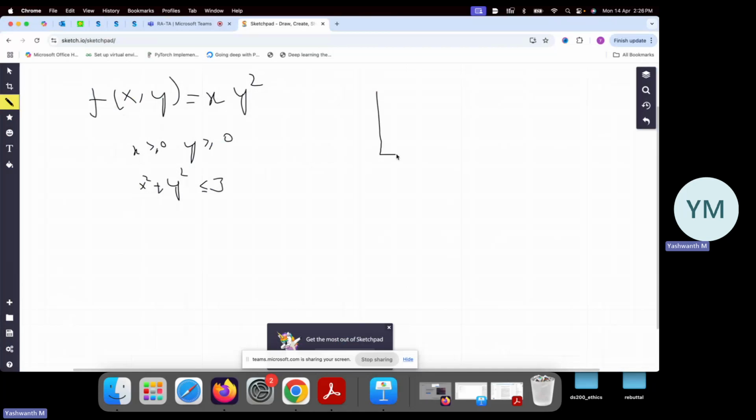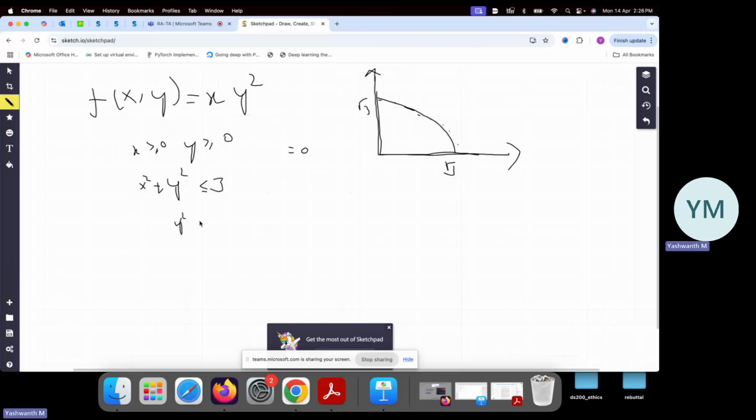So the constraint set is the arc of radius root 3. And we want to know the maximum and minimum values of this function. The minimum value is pretty easy: x equal to 0 and y equal to 0, the function takes a value of 0. What is the maximum value?